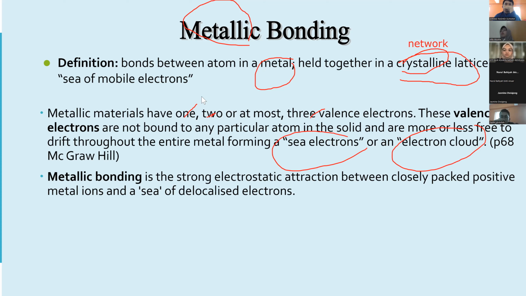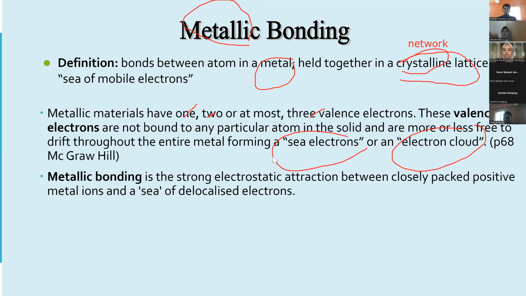Ionic is about loss and gain, covalent bonding is about sharing electrons, but metallic bonding is about electron count. Metallic bonding is strong electrostatic attraction between closely packed positive metal ions, because there are delocalized electrons.